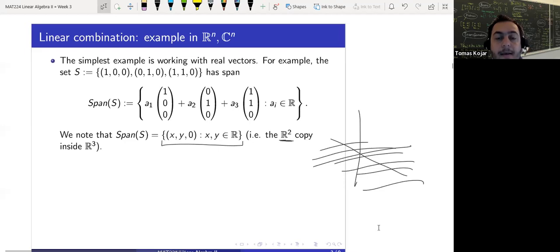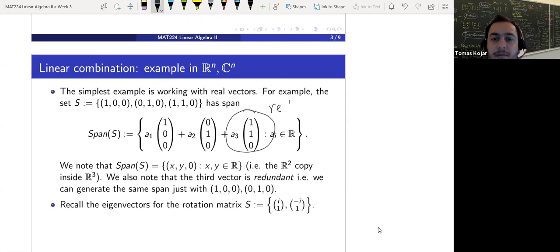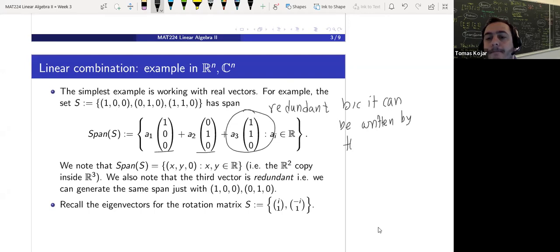I make this comment here that the third vector over here is redundant because it can be generated by the first 2. So in other words, this is also the span of just the 2 vectors, (1, 0, 0) and (0, 1, 0).